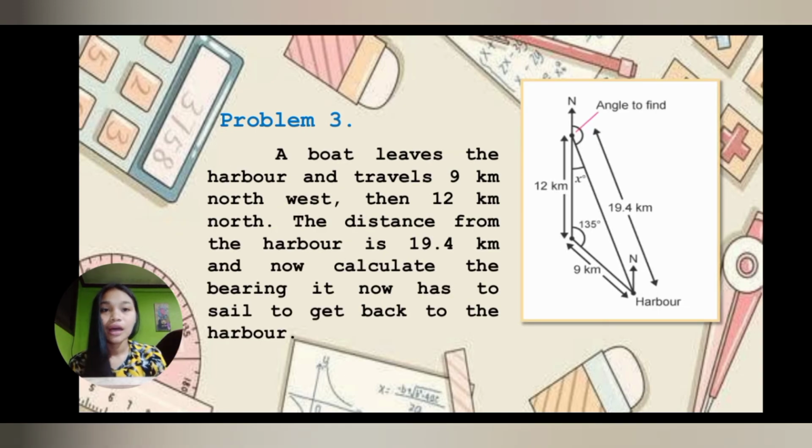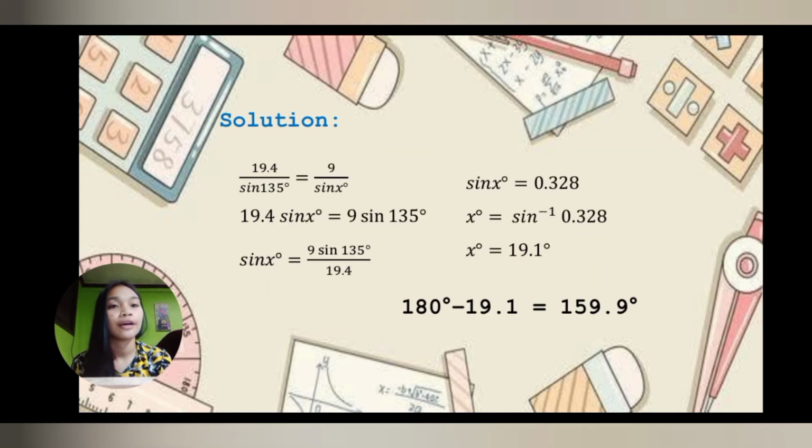Okay, another example. A boat leaves the harbor and travels 9 km northwest, then 12 km north. The distance from the harbor is 19.4 km. Now calculate the bearing it now has to sail to get back to the harbor. So this is our solution. We use the sine equation: 19.4 divided by sine 135 degrees equals 9 divided by sine x degrees. So 19.4 sine x equals 9 sine 135 degrees.